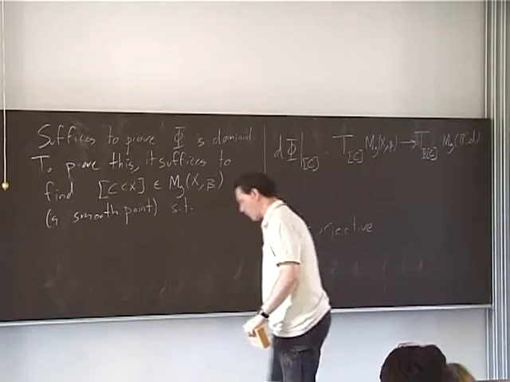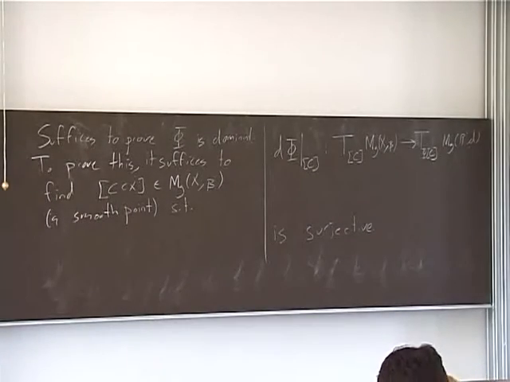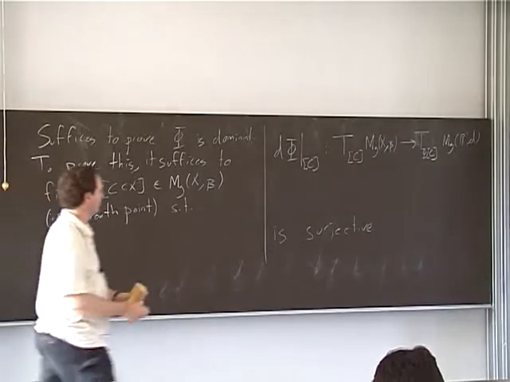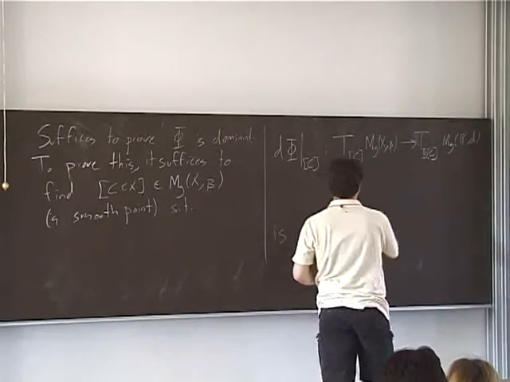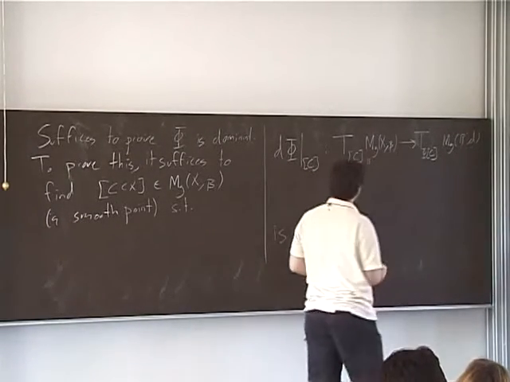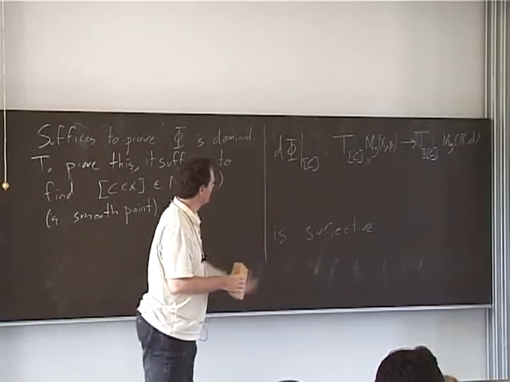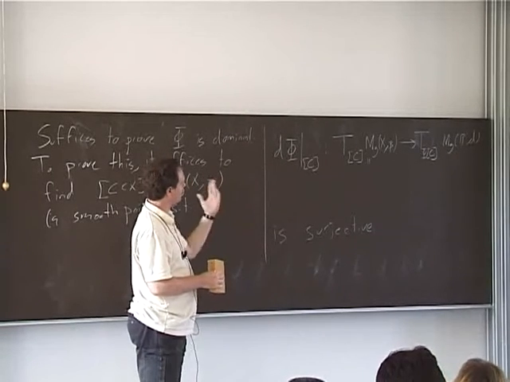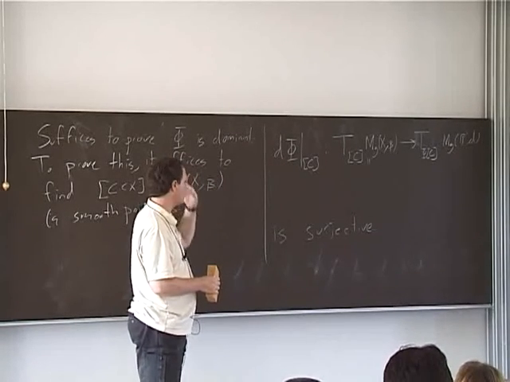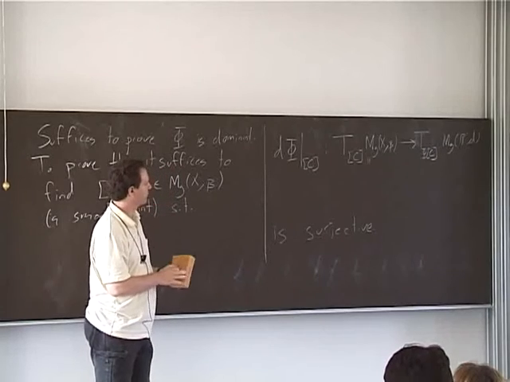The point is, now we can identify what each of those two vector spaces are. So we have these two finite dimensional vector spaces. What are these things? If you take a curve inside of a variety, then the first order deformations of the curve inside of the variety correspond to global sections of the normal bundle.